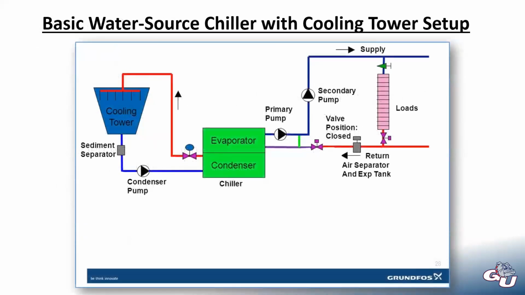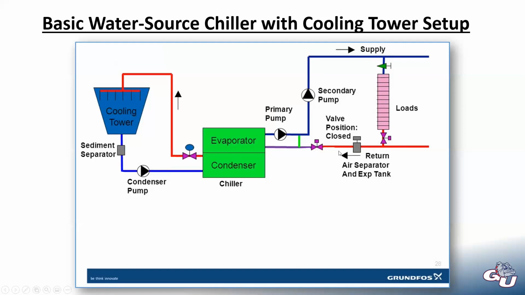So what does this look like? So here is a basic water source chiller system. So over on this side, this is our chilled water side of the loop. This pink rectangle would represent a chilled water coil. So we're sending water down the supply, going through a chilled water coil where it's cooling down an airstream or doing whatever it's doing.